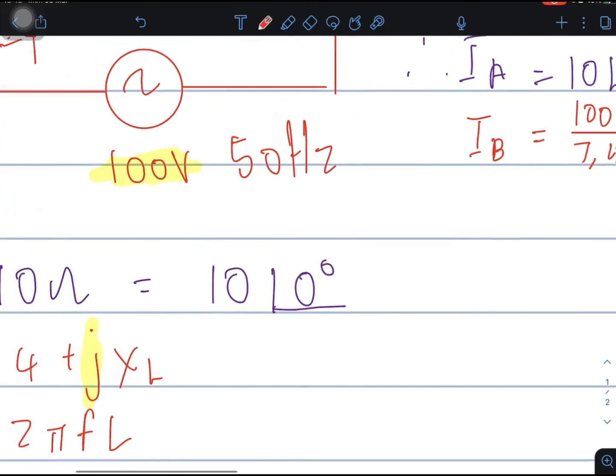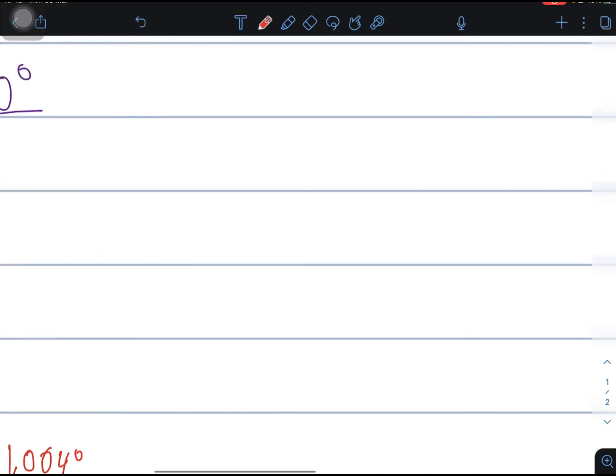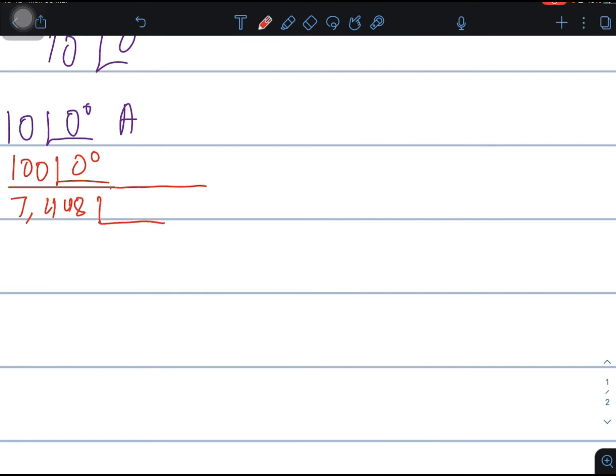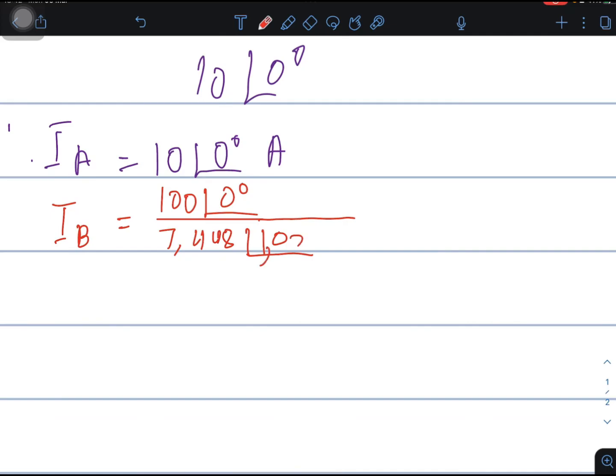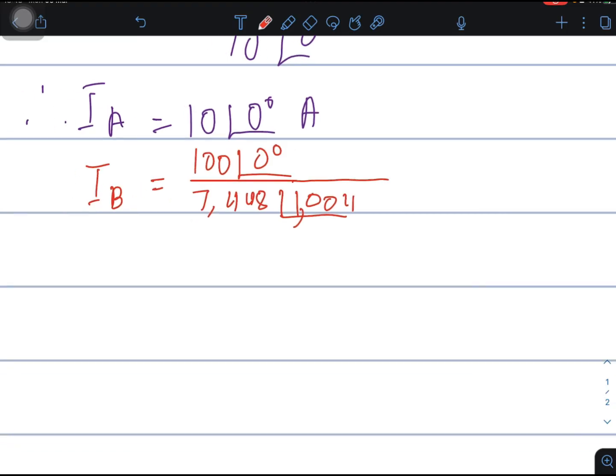VT is 100 at angle 0, and ZB is 7.448 at angle 1.04. So IB would be 100 over 7.448, which is 13.426 at angle negative 1.04 amps.